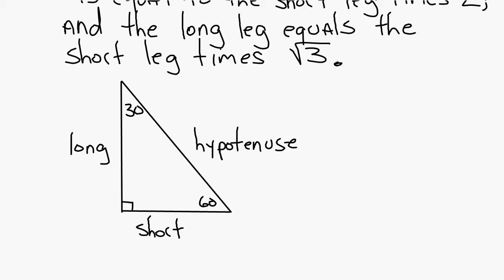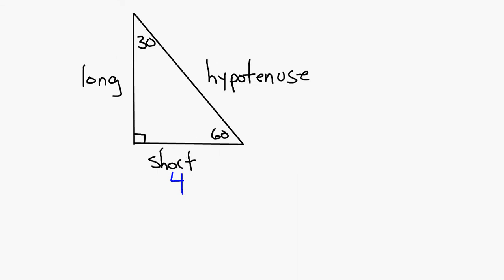So let's say this short side is 4. If the short side is 4, let's go with blue. I like blue. Short side's 4. Then the hypotenuse is equal to 4 times... No, it's not. What's it equal to? 4 times 2.